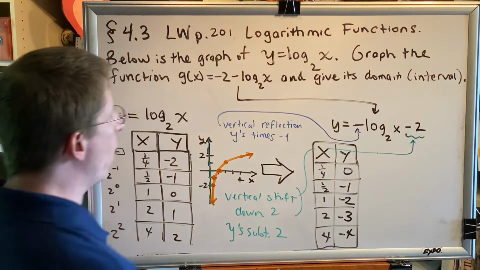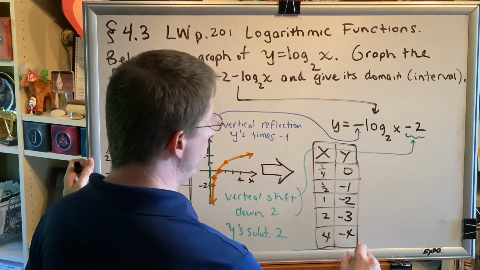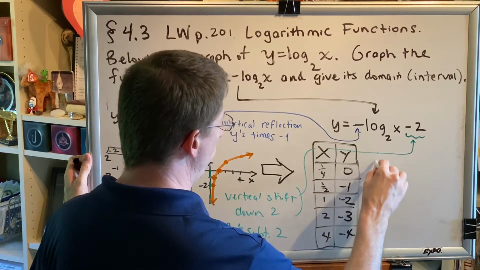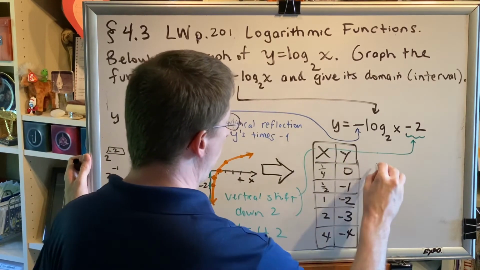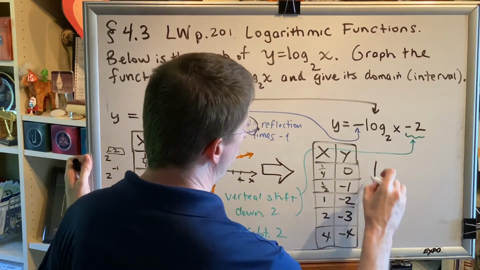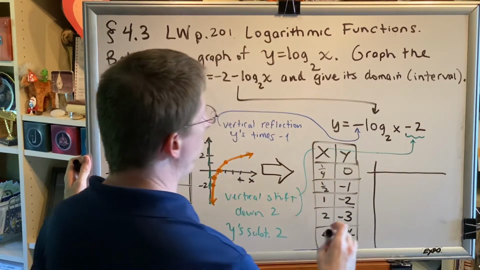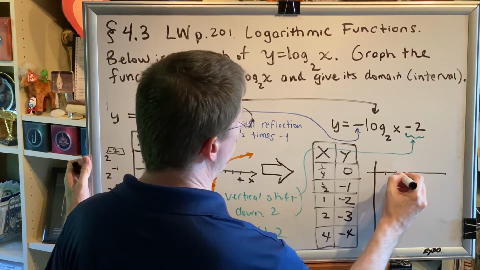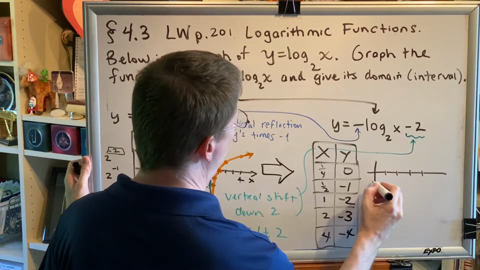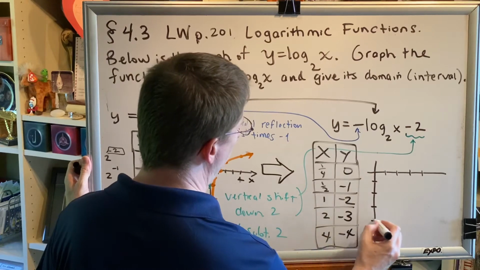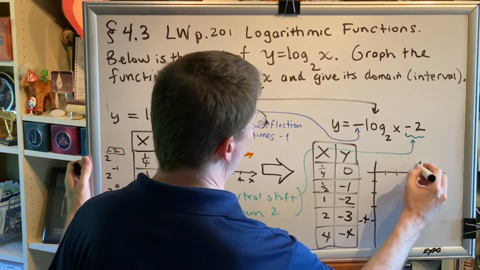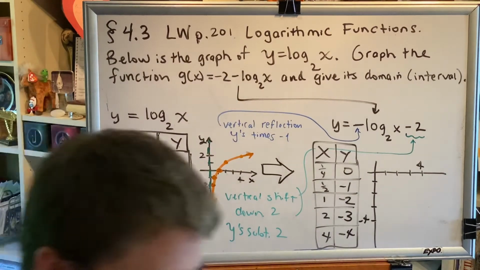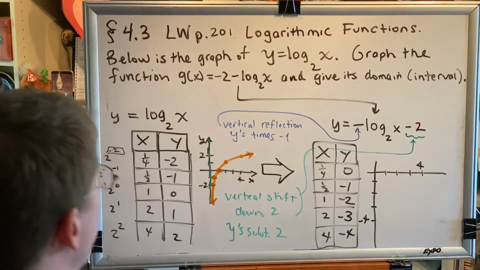All right, now we're going to create our graph. Our y's are all non-positive, and our x's go all the way out to 4. So that means we're interested in quadrant 4 for this particular graph. So let's go ahead and do this. X's, 1, 2, 3, 4. Y's, -1, -2, -3, -4. Okay, let's plot our points. Here we go.